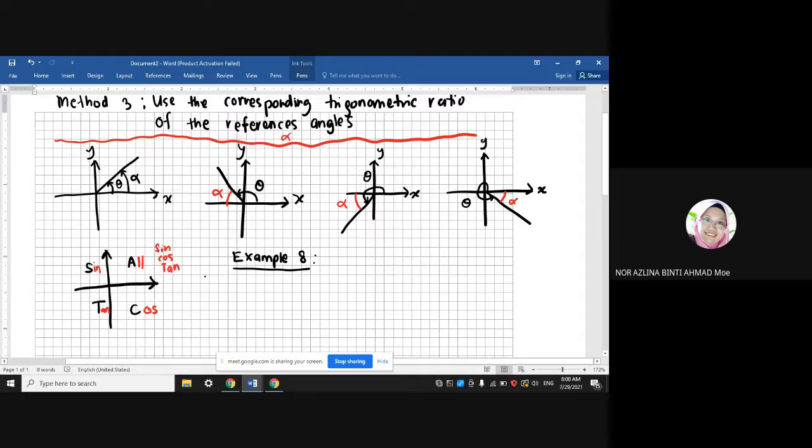So example 8, given sin 30 equals 0.5, cos 30 equals 0.866. Find the value of each of the following. Second 150 degrees.